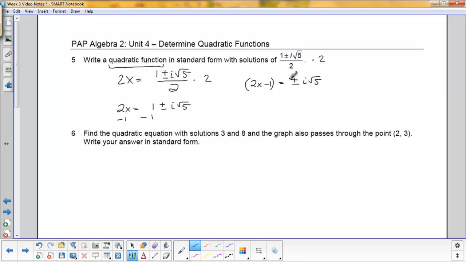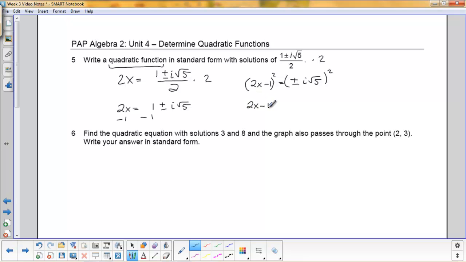So now that the imaginary part of the number is isolated, I'm going to go ahead and square both sides, and that's going to give me my quadratic back again, as well as remove the imaginary part from this particular equation.